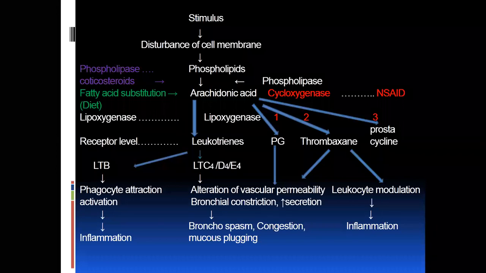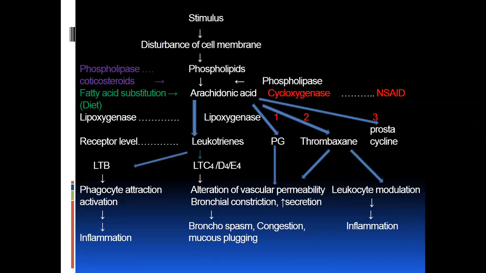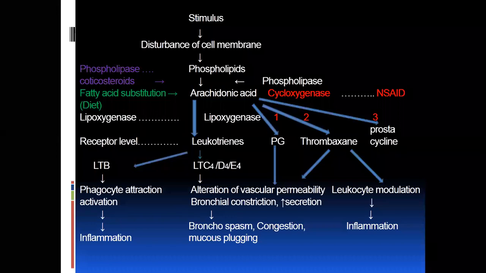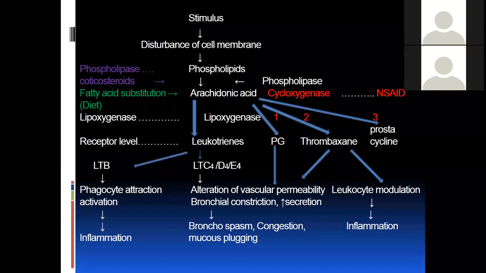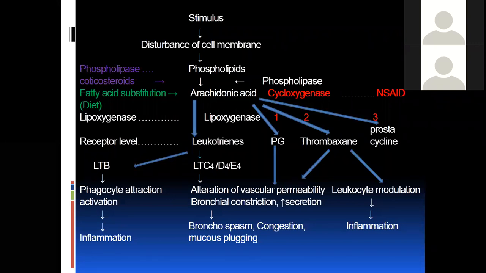Now, there are various drugs which act on various steps in this pathway. For example, corticosteroids act on phospholipase, inhibiting phospholipids, and the further process of inflammation will not occur. While cyclooxygenase, that is COX inhibitors, act on arachidonic acid, and arachidonic acid will not be converted into prostaglandin, thromboxane, and prostacyclin.